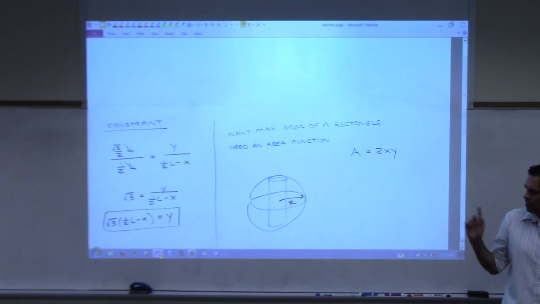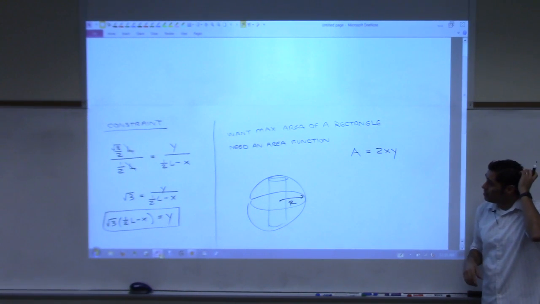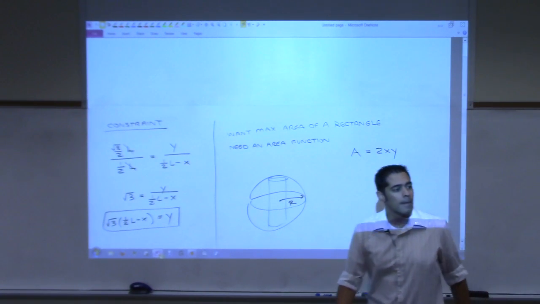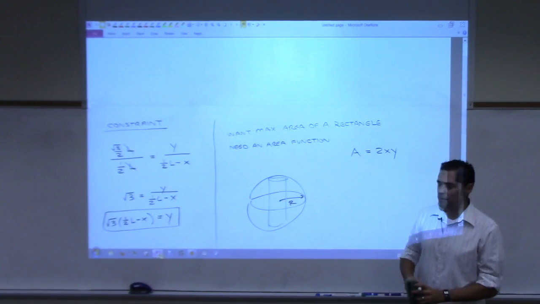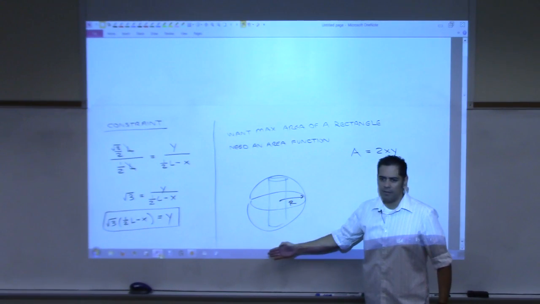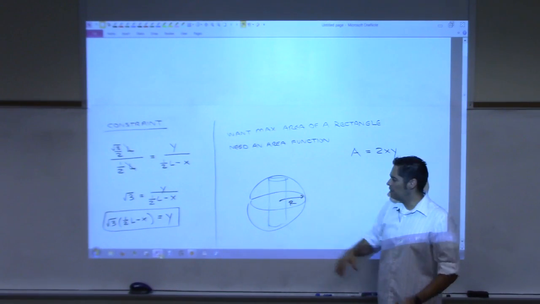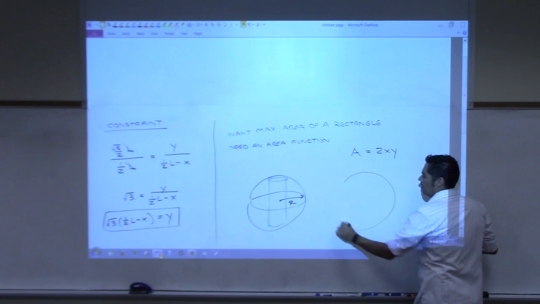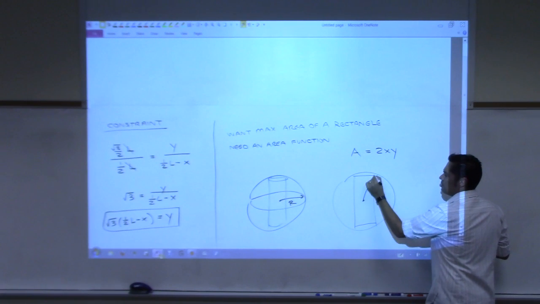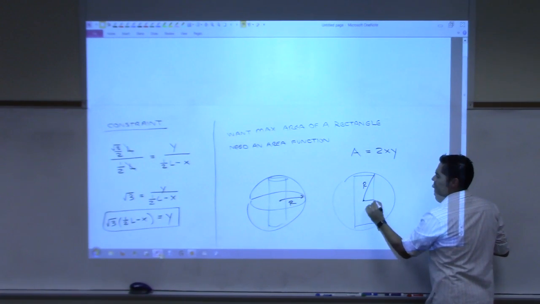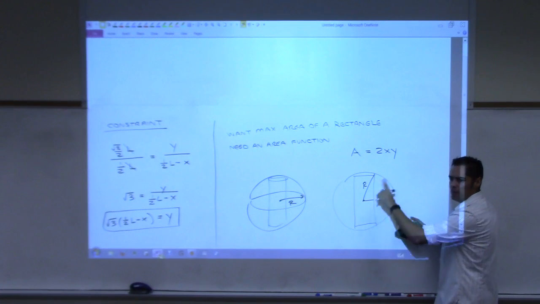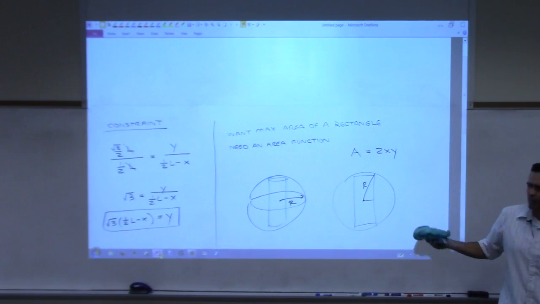There's a step within this problem that you need to see, so make sure you do watch that. You cut this in half and you look at it like a cross section. If you look at the cross section of that, it looks like a circle with a rectangle in it. And then you can start creating some relationships and start using the radius of the sphere. Anyway, watch the video. All right.